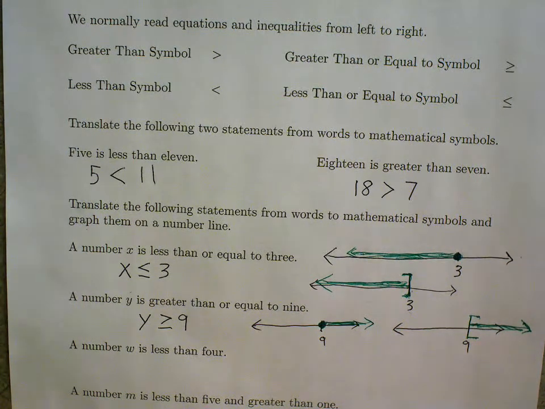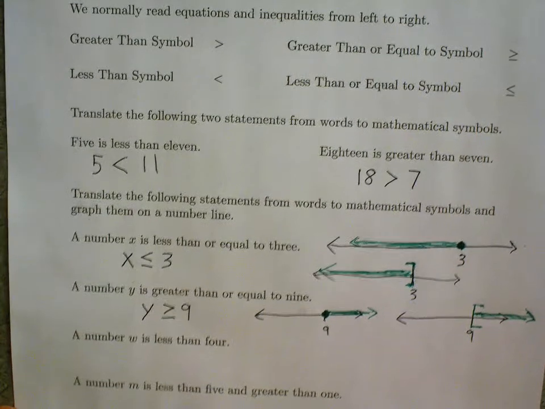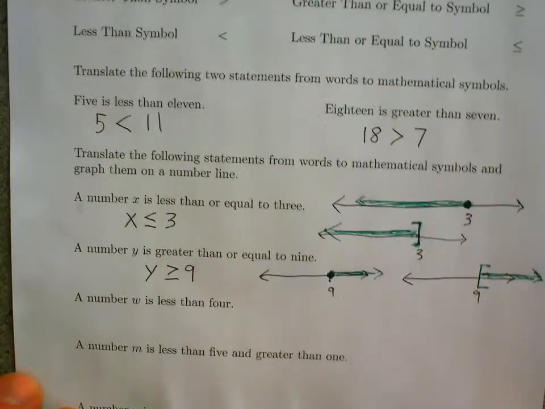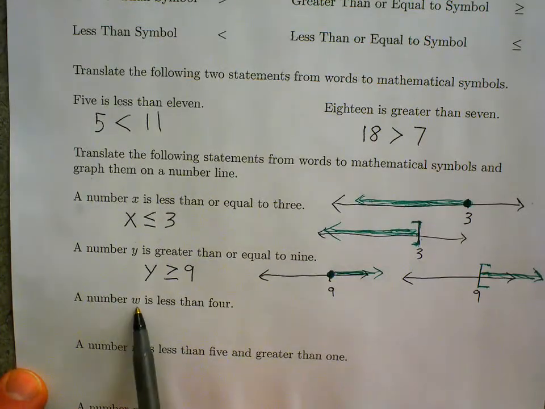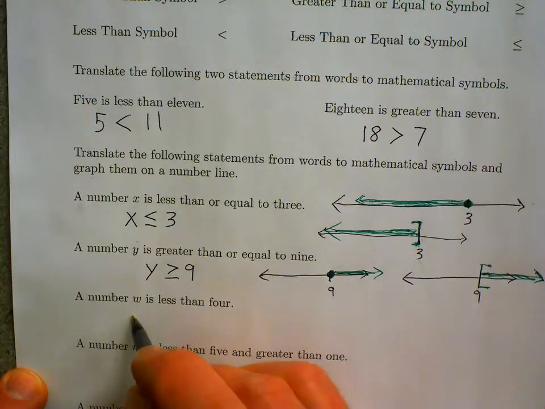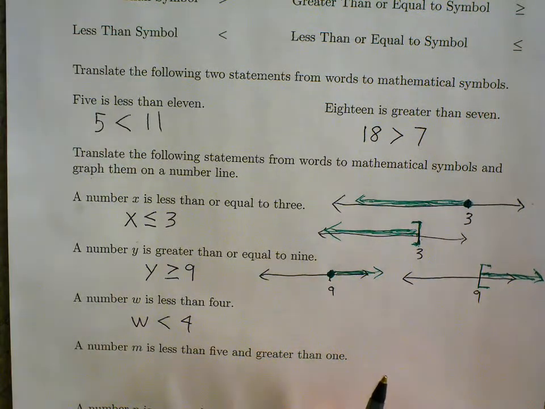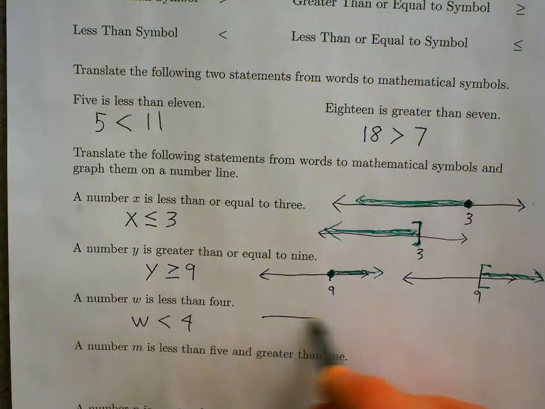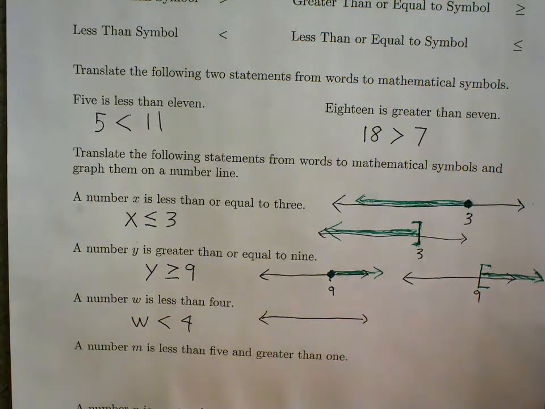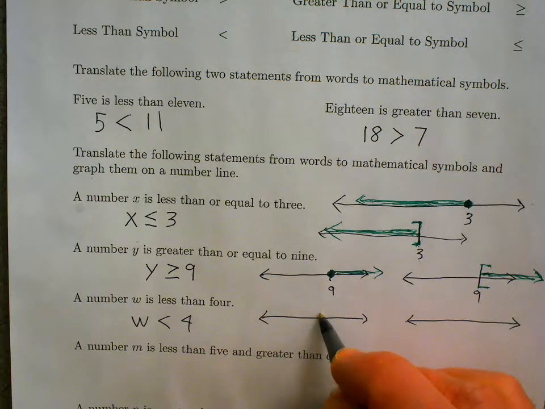Okay, the next one, a number w is less than 4. So in symbols, we write w is less than 4. We'll graph that set of numbers in 2 ways. So plot the number 4.